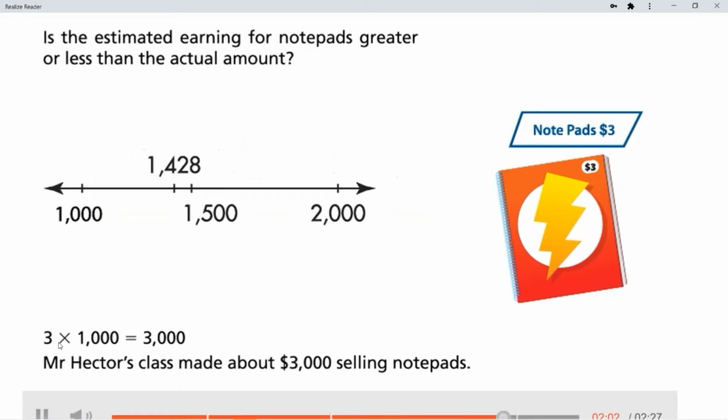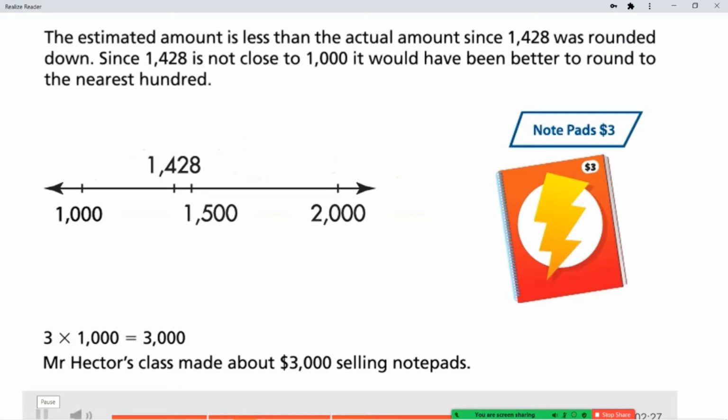Is the estimated earning for notepads greater or less than the actual amount? The estimated amount is less than the actual amount, since 1,428 was rounded down.